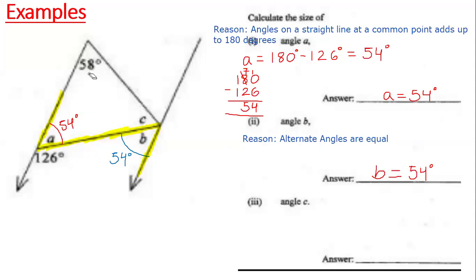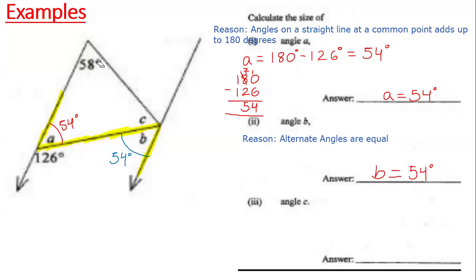Anyone else? How are we gonna get C? Add all of the interior angles of the triangle, 58 plus 54, and then take it away from 180. What are we taking away from 180? 58 plus 54, and then we subtract that from 180.